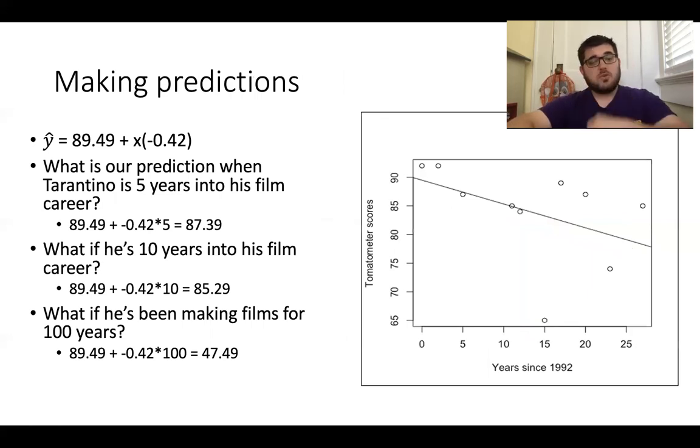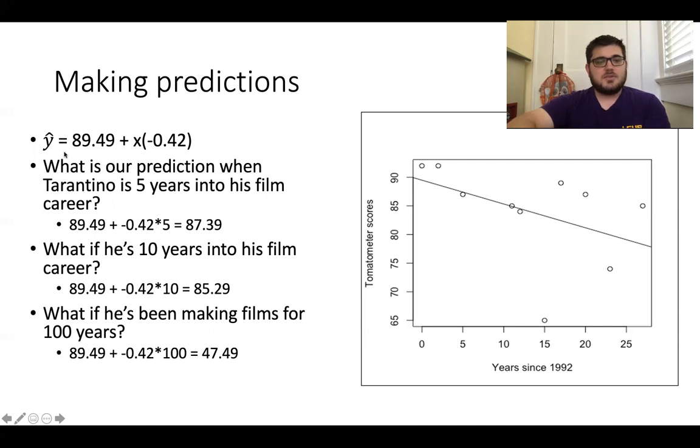So when you crunch those numbers, you end up with an intercept of 89.49 and a slope of negative 0.42. Just to unpack that a little bit, that means that when Quentin Tarantino first started making movies, it's been 0 years since he started. The regression line crosses the y-axis at 89.49.